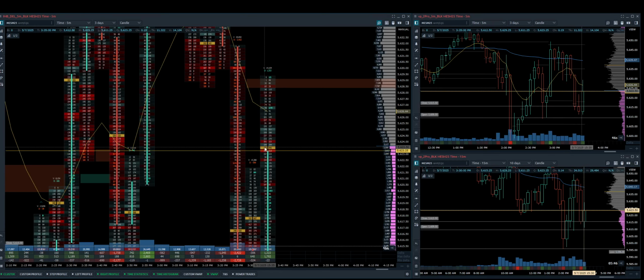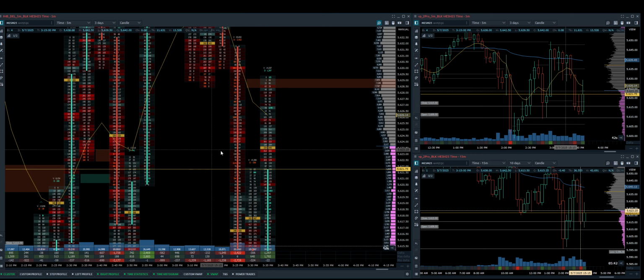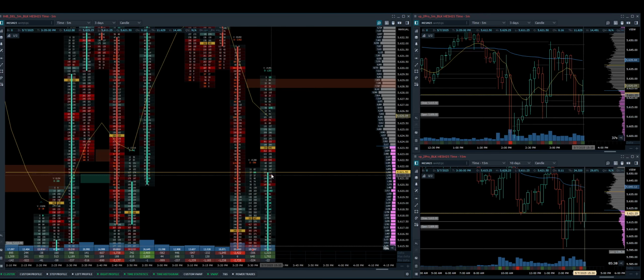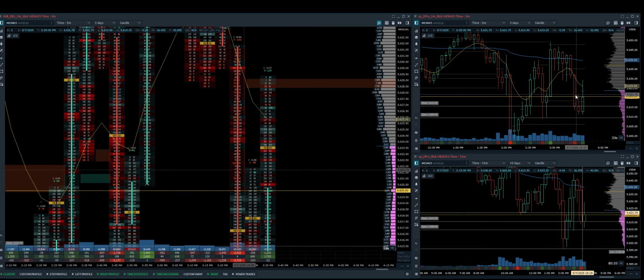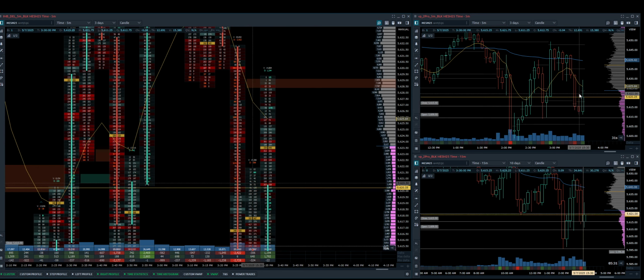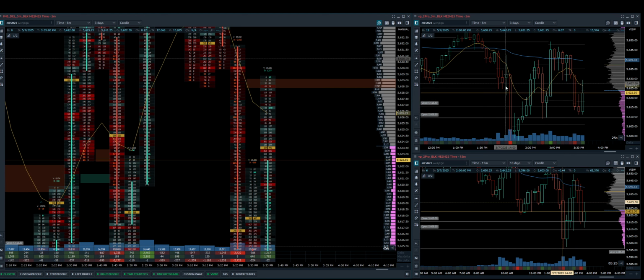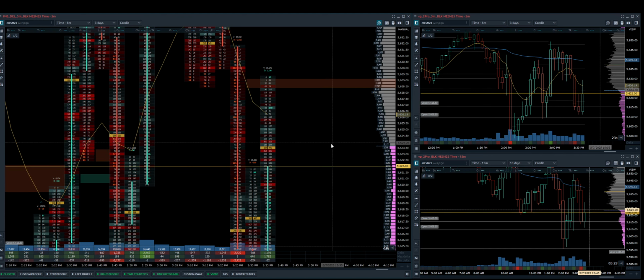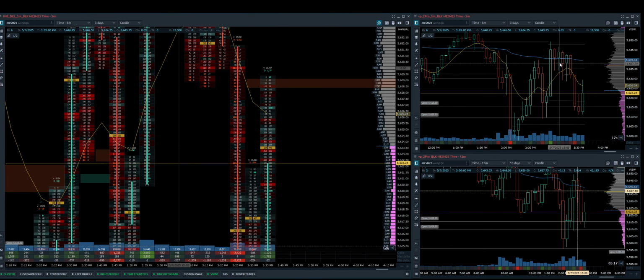Okay, so this is a pretty good area. If we take a look right in this area here, you have support and resistance. Take a look at these candles, support and resistance. Right in this area here. Support. You take a look in here.